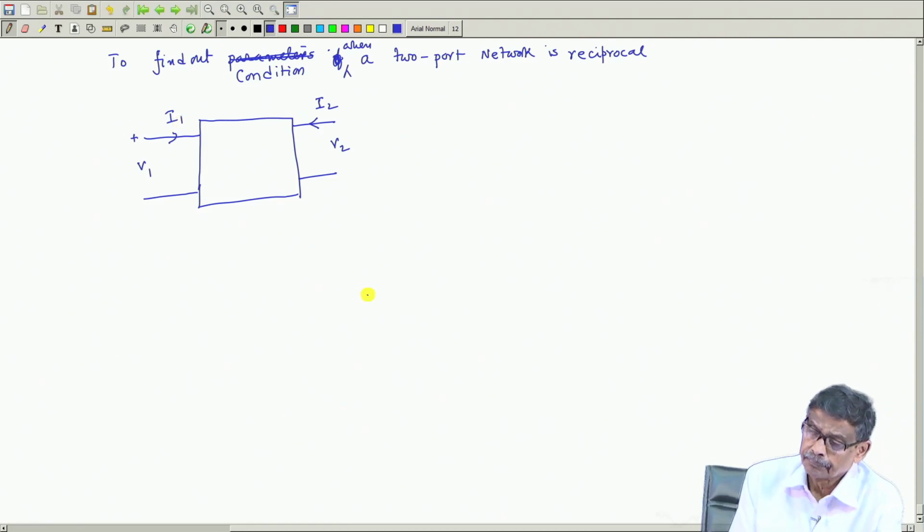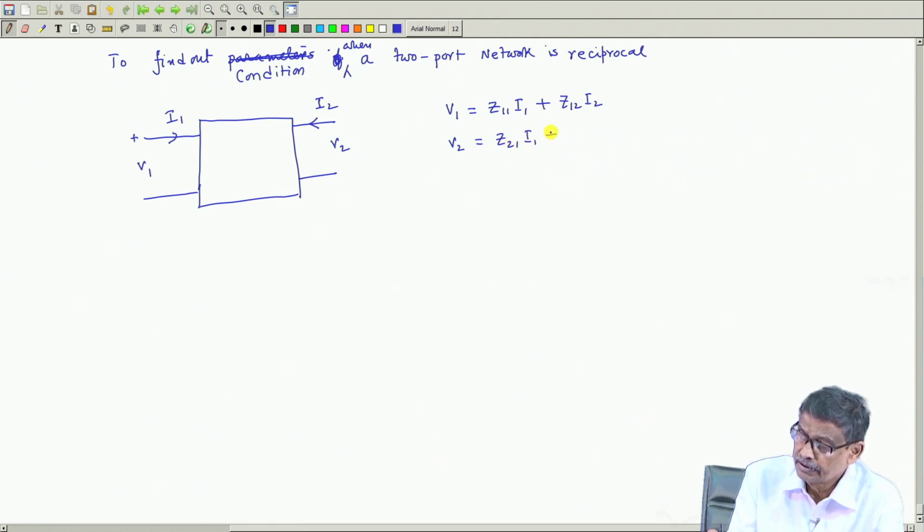These are the equations: V 1 is equal to Z 1 1 I 1 plus Z 1 2 I 2, and V 2 is equal to Z 2 1 I 1 plus Z 2 2 into I 2.